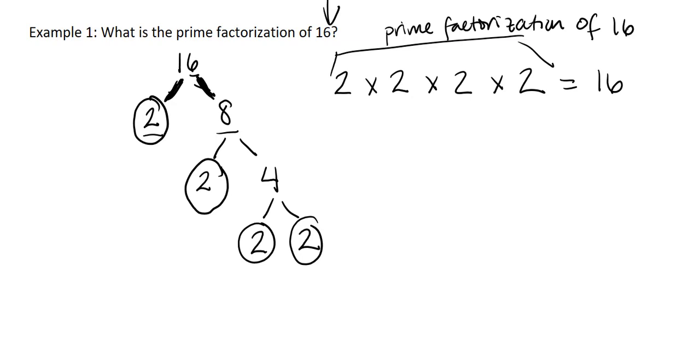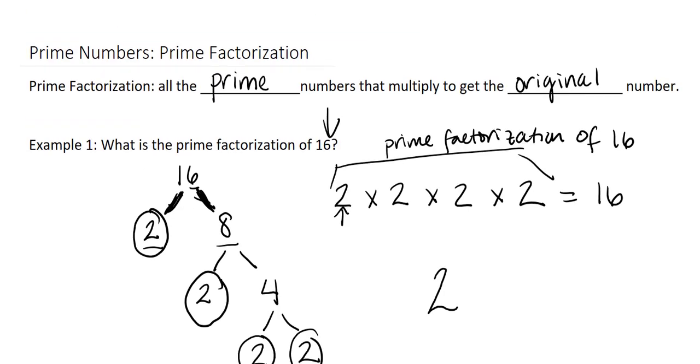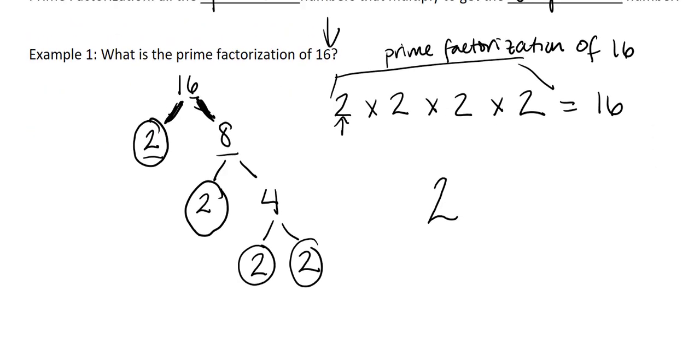Another way to show this is we can write 2, because that's the number, and then we have 4 copies of it, because we have one here, one here, one here, and one here. So we have 4 2's multiplied together to get 16.